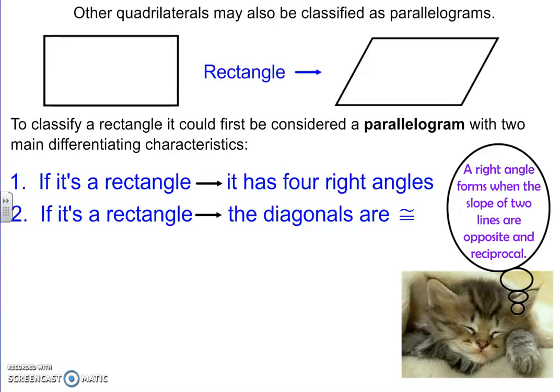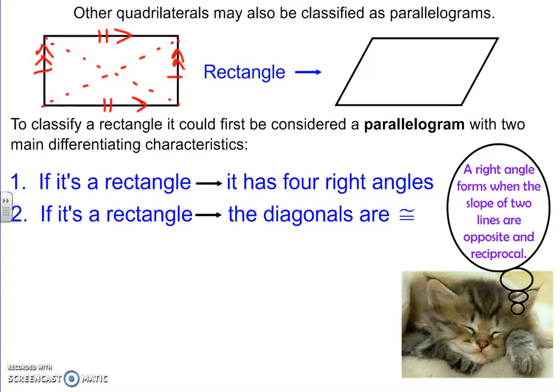Notice here it's a parallelogram. We have some of the same features. We have opposite sides are congruent. We have opposite sides are parallel to each other. Diagonals, the dotted lines, are bisected. So it's a lot of the same features in a rectangle as in a parallelogram.